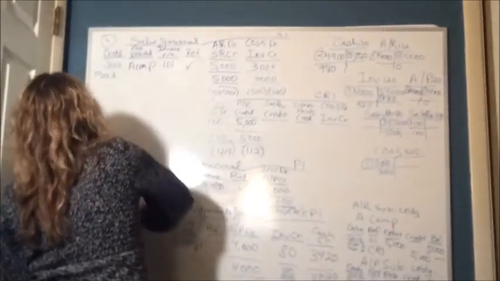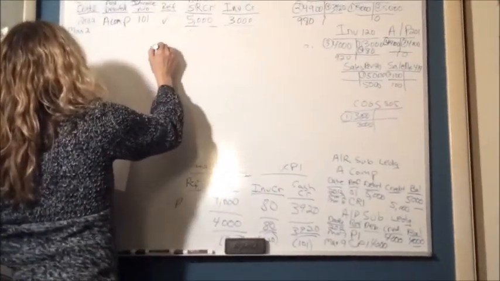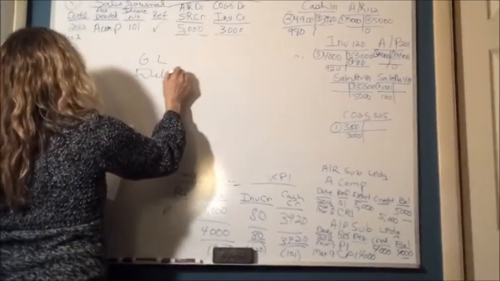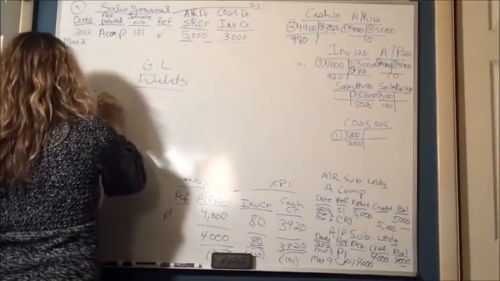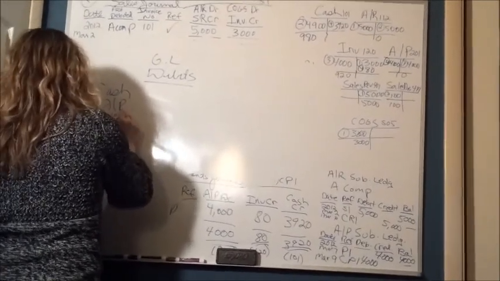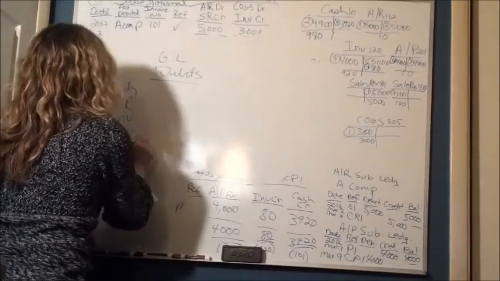So I will go ahead and leave the ledgers out and real quickly prove them. So, let's first of all look at our general ledgers with the debits. We have cash, accounts receivable, inventory, sales discount, and cost of goods sold.